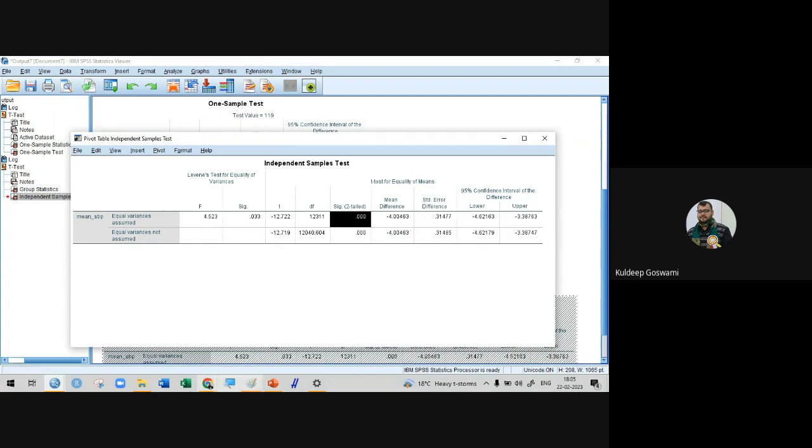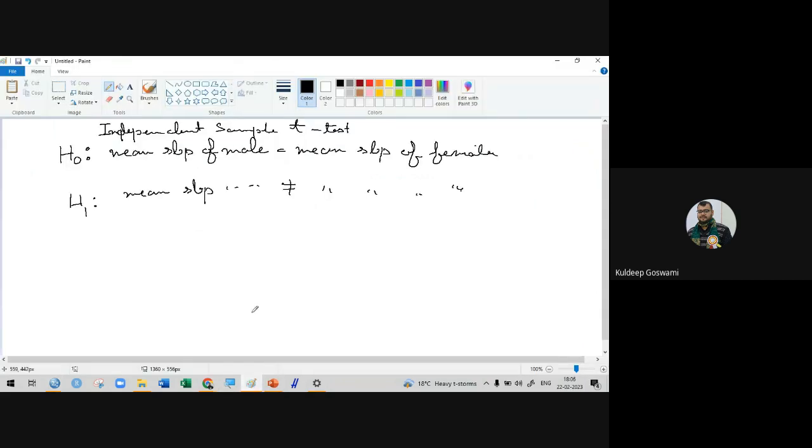Then again come to this: the mean systolic blood pressure of male and the mean systolic blood pressure of female is the same. Where is it written? In the null hypothesis. Since we reject the null hypothesis, why are we rejecting the null hypothesis?